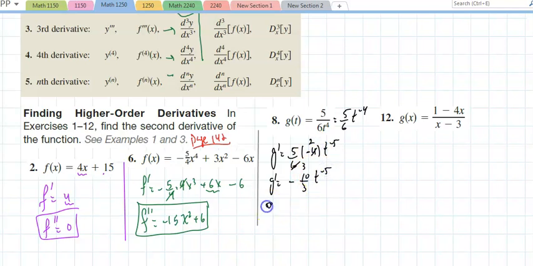And if you take another derivative, negative times a negative is going to be a positive 50 over 3 t to the negative 6. Or I could just say that is 50 over 3 t to the 6.